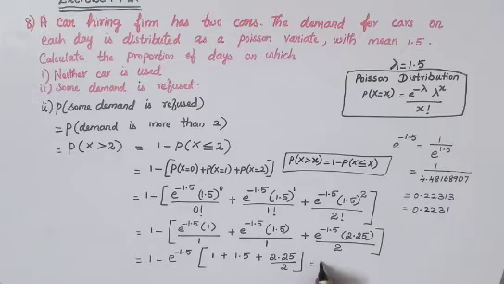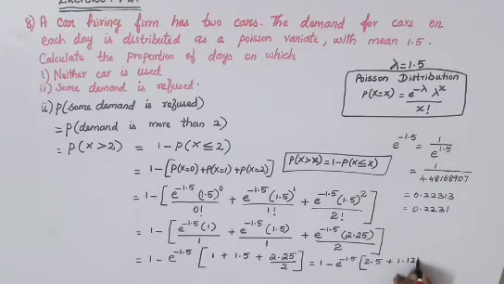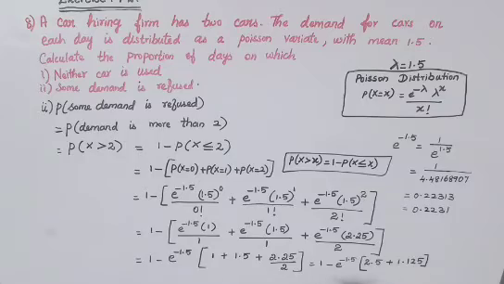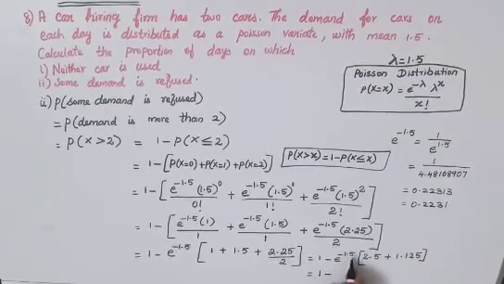So it is equal to 1 minus e power minus 1.5 into 1 plus 1.5, which is 2.5, plus 2.25 divided by 2, which is 1.125. That is equal to 1 minus e power minus 1.5.